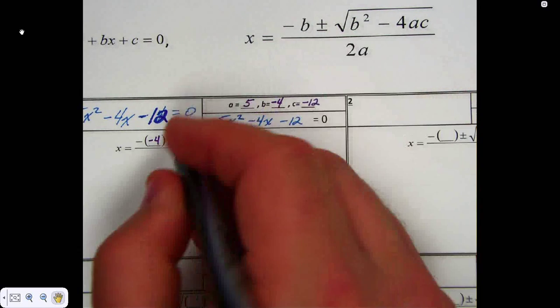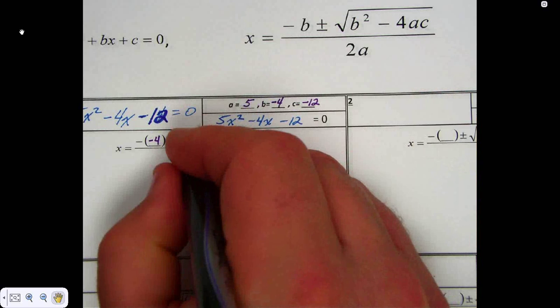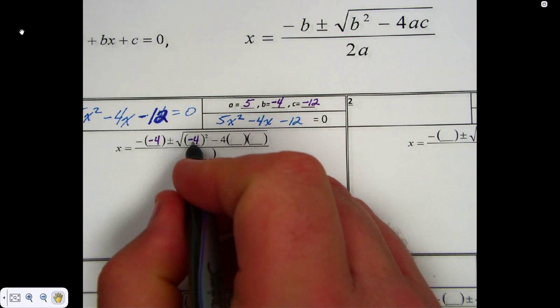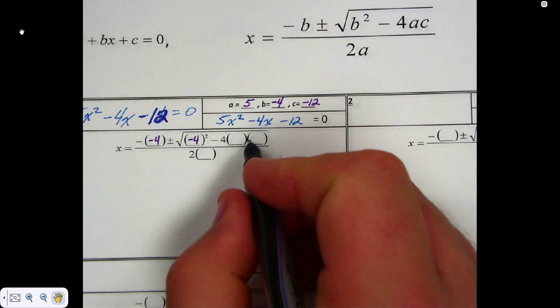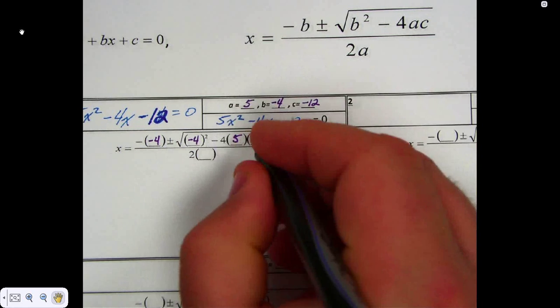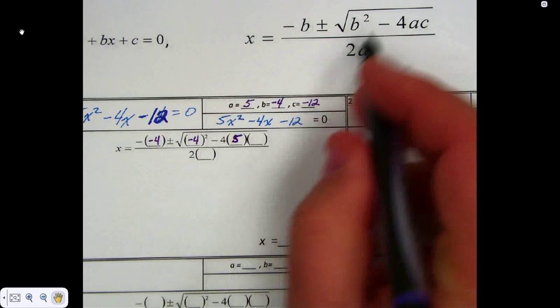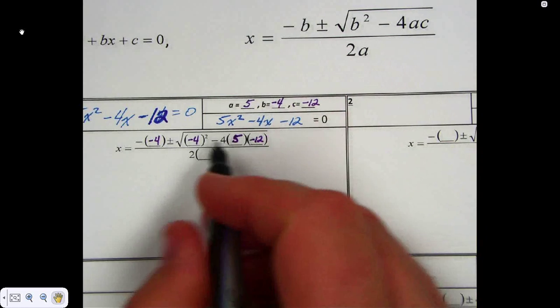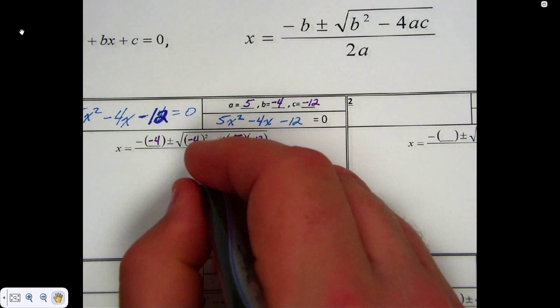So what's B? Does everyone see where I got the -4? Put it right there. Minus 4 times whatever A is. What is A? 5. And then times whatever C is. What is C? -12. All of that over 2 times whatever A is. What is A? 5.